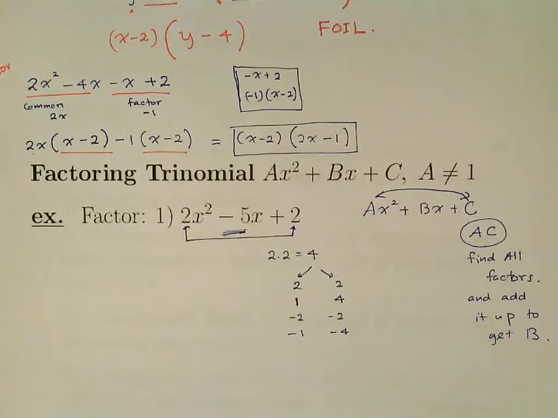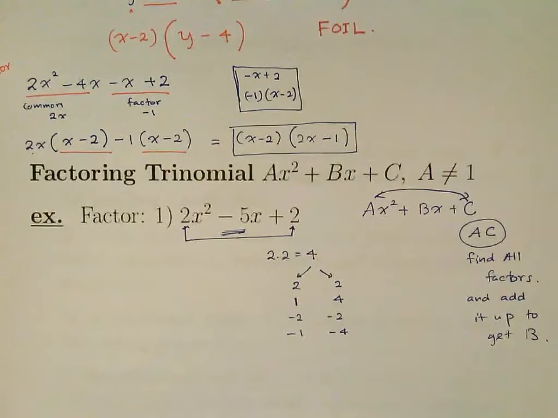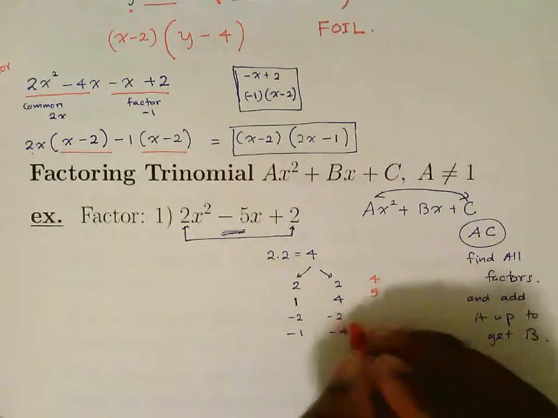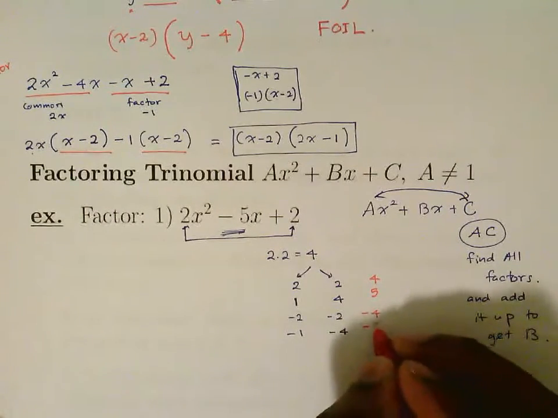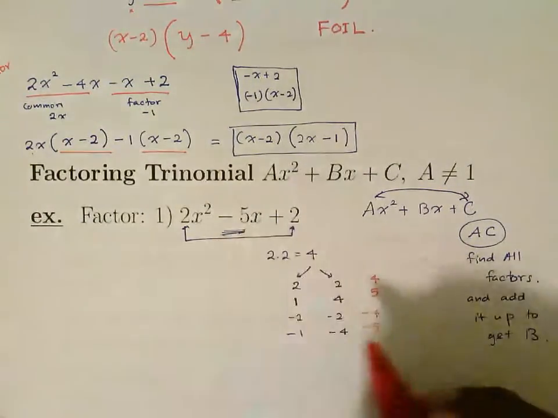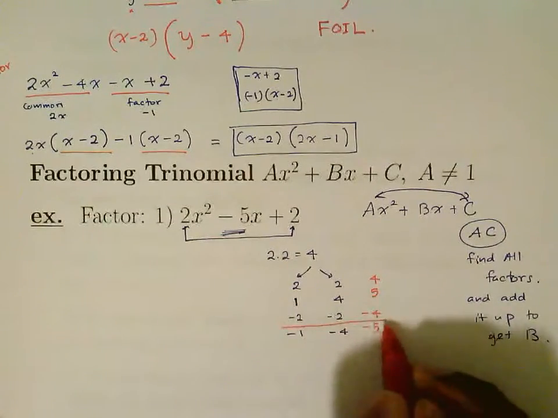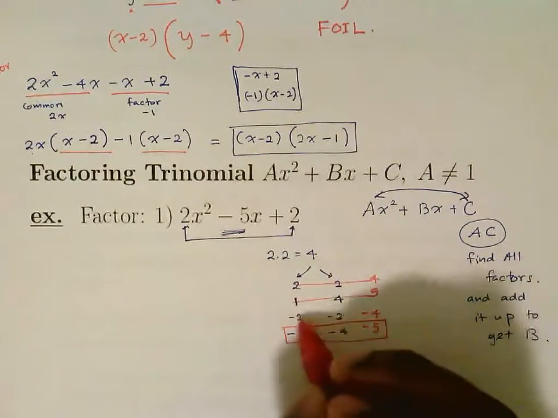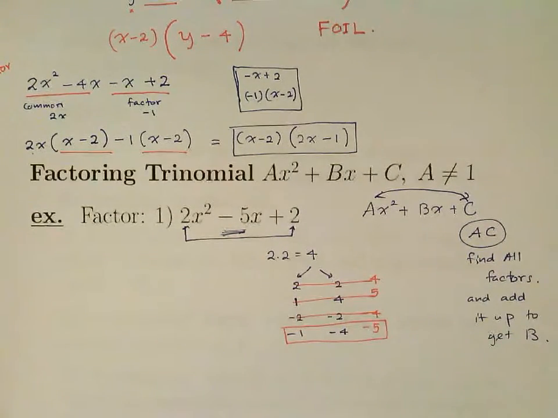Now this is something you have to keep on practicing. Let's add it up. 4, 5, -4, -5. And what gives you -5 is this set of factors. So this doesn't work. The only one that works is that.